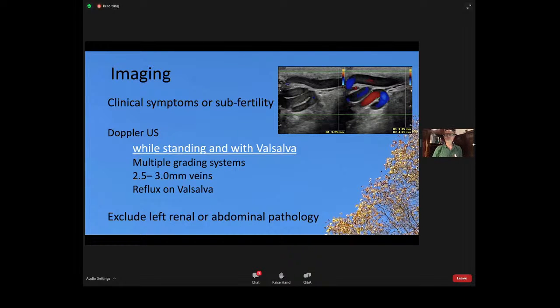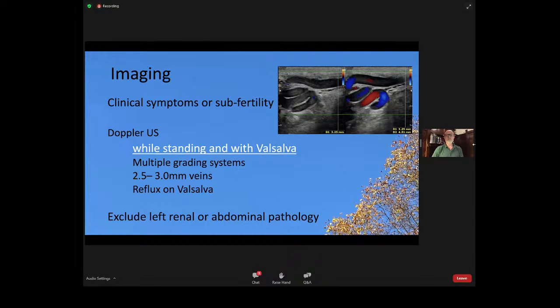We're talking about how these veins are functioning, and that changes from the time of day to the degree of hydration to the type of exertion. So we do our Doppler ultrasounds with patients standing, and we assess them with Valsalva while they're standing, assessing real-time reflux into the veins, as you can see in the top right-hand corner, and looking for dilated veins.